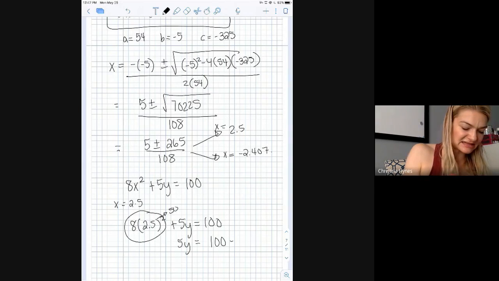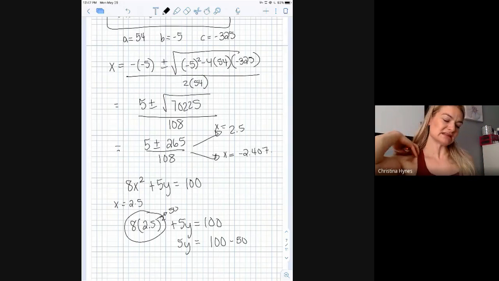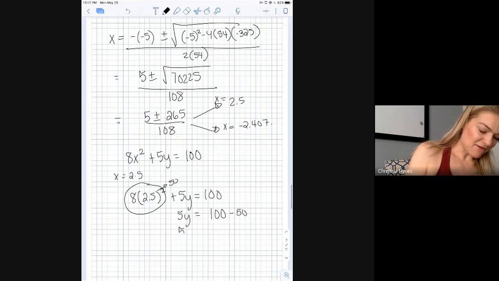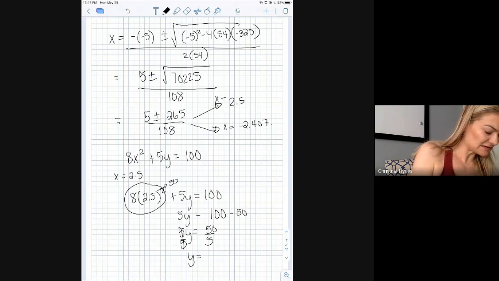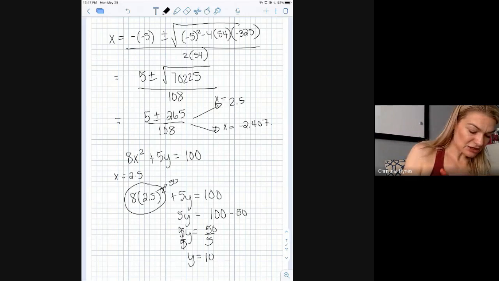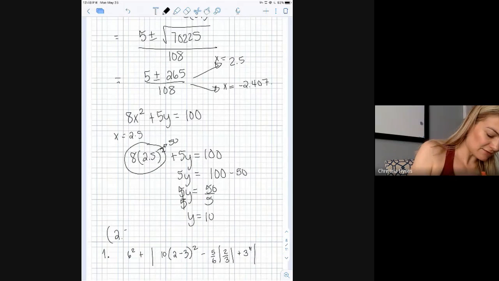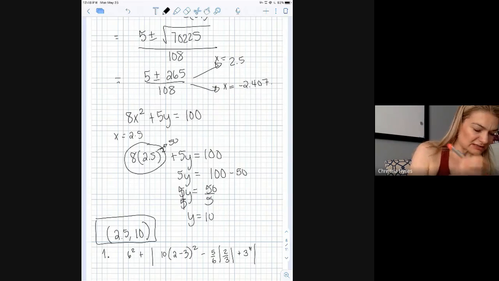So I'm just going to bring it to the other side right away, to the right side, to subtract 50. So then it's going to be 5y equals 50 divided by 5. So the y coordinate is 50 divided by 5, which is 10. So I need to write that one intersection point could be 2.5 comma 10. Okay, so that's one possible solution.